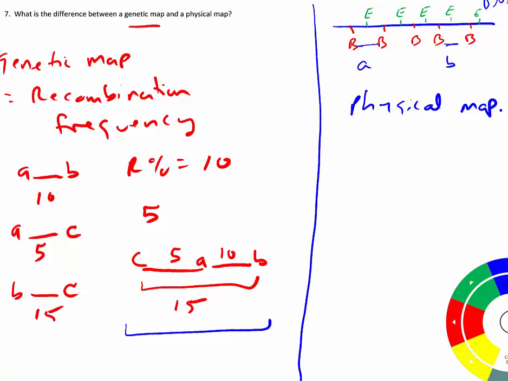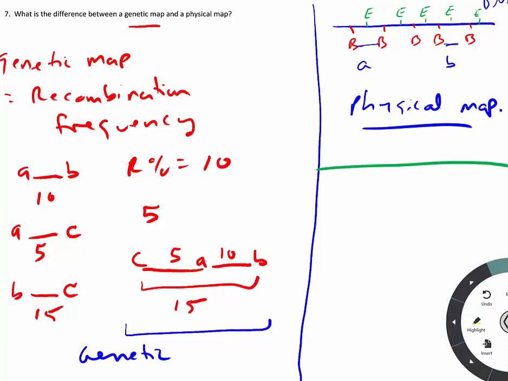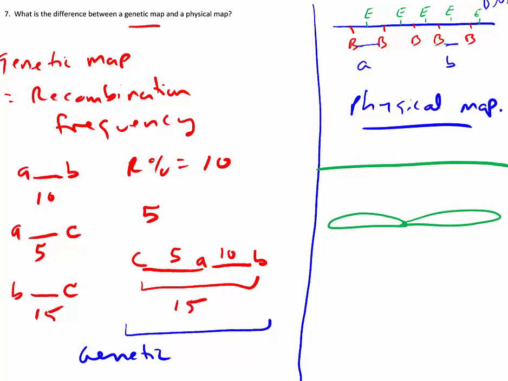And so this is a genetic map. This is a physical map. And there's one other kind of map we can talk about, which is in between these two. If you have a chromosome, you can actually see banding patterns sometimes on chromosomes, and we'll look at some of these maps later.